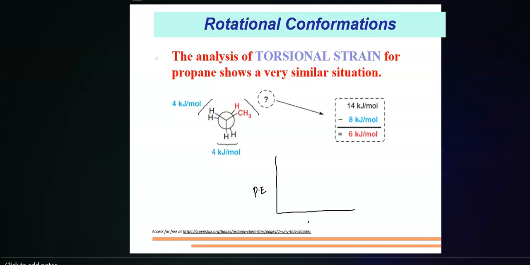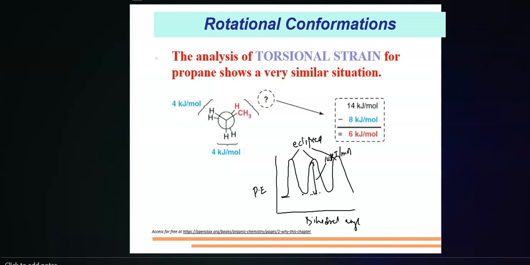Plot potential energy against dihedral angle, and again you will have a staggered, eclipsed, staggered, eclipsed, and so on. However, the difference in energy here would be equivalent to 14 kilojoules per mole. All the top parts represent the eclipsed, and the bottom parts of the graph represent the staggered, more stable conformer.